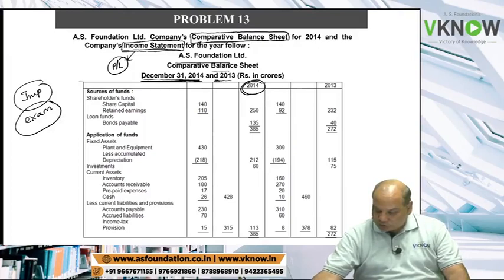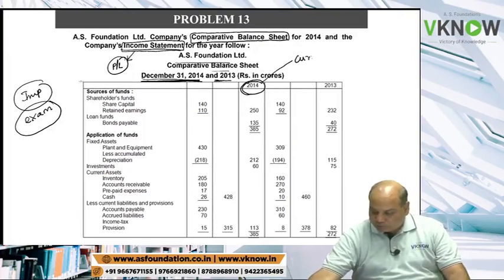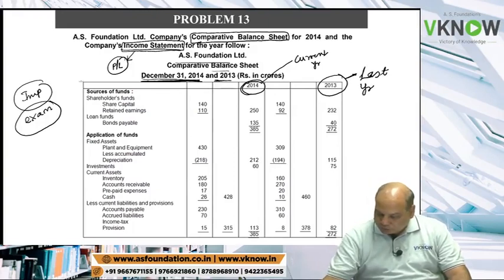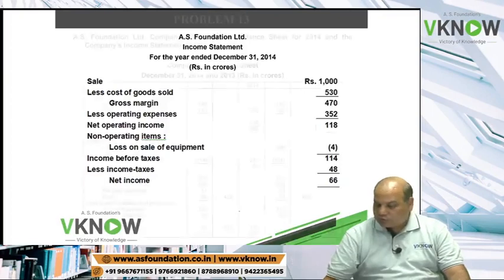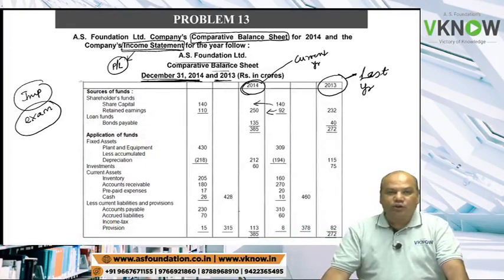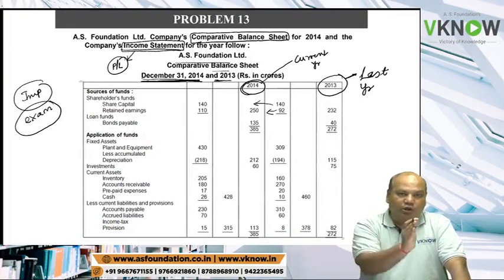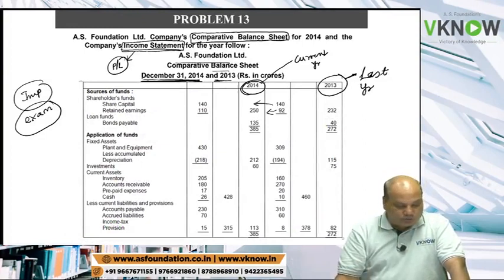In this question, column 14 is the current year and 13 is last year. So be careful. You have to read from right to left to understand the change.